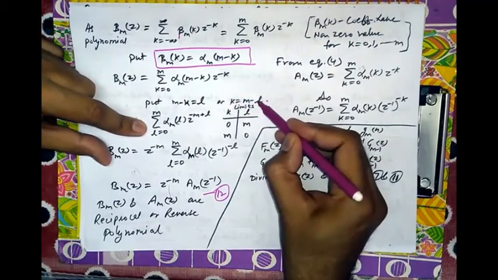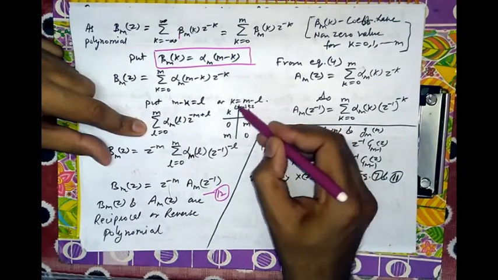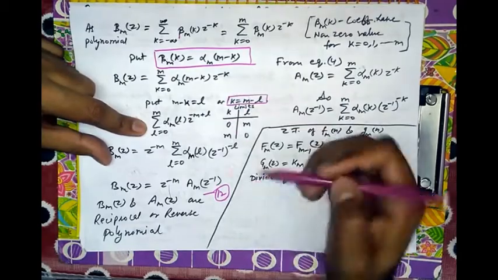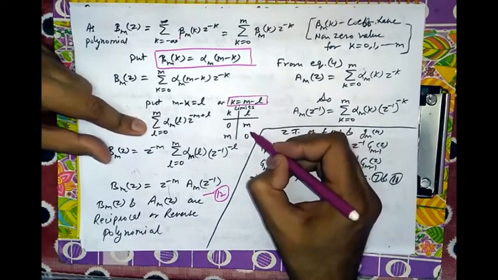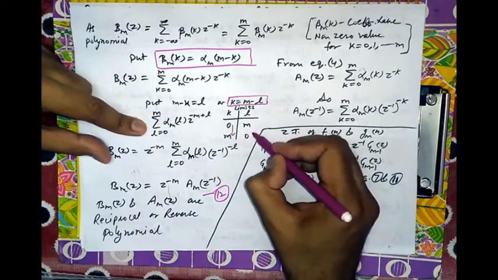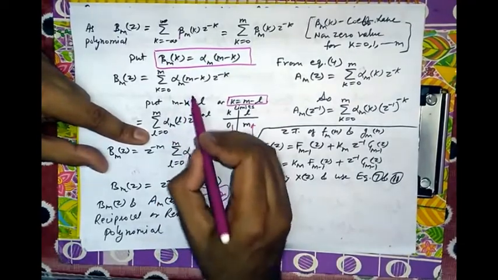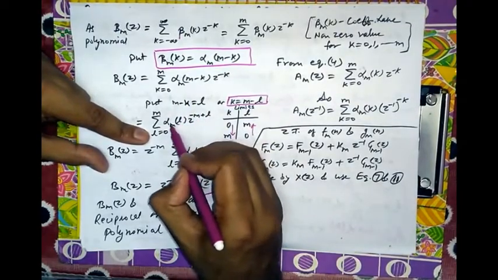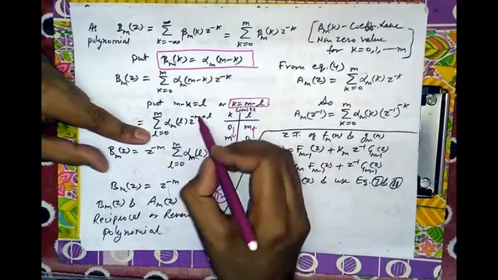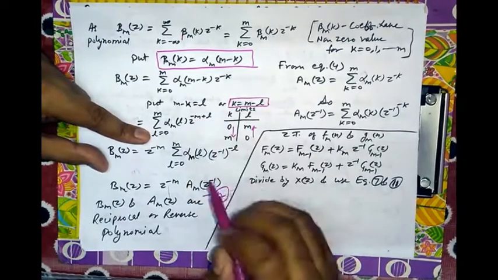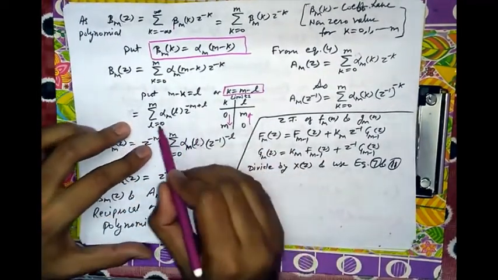When k is 0, L is equal to m, and when k is equal to m, L is equal to 0. You can check from here. So k varies from 0 to m means L varies from 0 to m, in this direction. Just putting the value of m minus k equal to L, we get alpha m,L z raised to the power minus k, where k is now m minus L, so minus m plus L. Now m can be taken out because it is not in the summation.